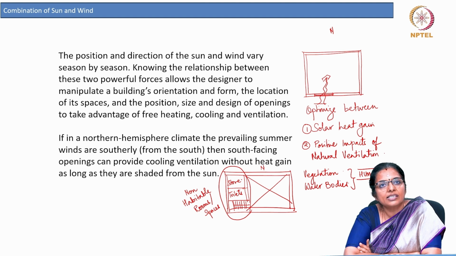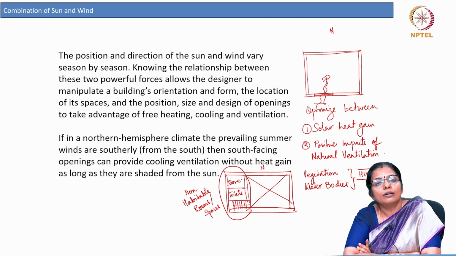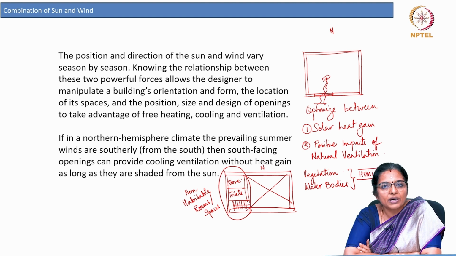They harness this energy to create a comfortable indoor environment. There is no need or use of any extra contraption in a passive design, and the principles are very simple, but they are extremely sensitive to the climate, the solar radiation, the temperature, the wind speed, wind direction, the terrain of the building. So, they are very sensitive to it.